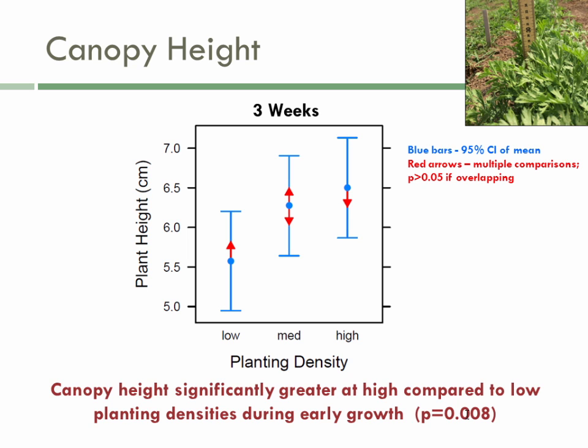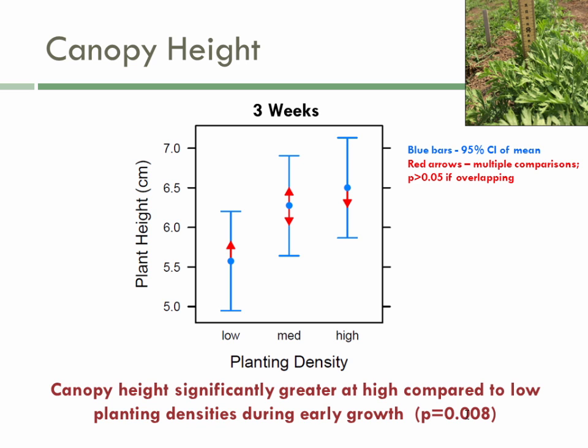The blue bars are the 95% confidence intervals of those means, and these red arrows are the result of multiple comparisons testing with the Tukey correction. So basically, if the red arrows are non-overlapping, it's significantly different at the 0.05 level.